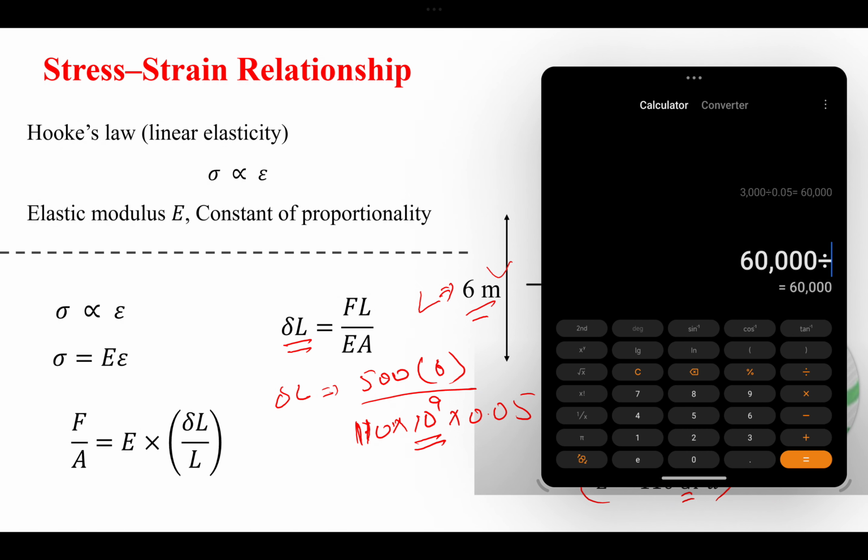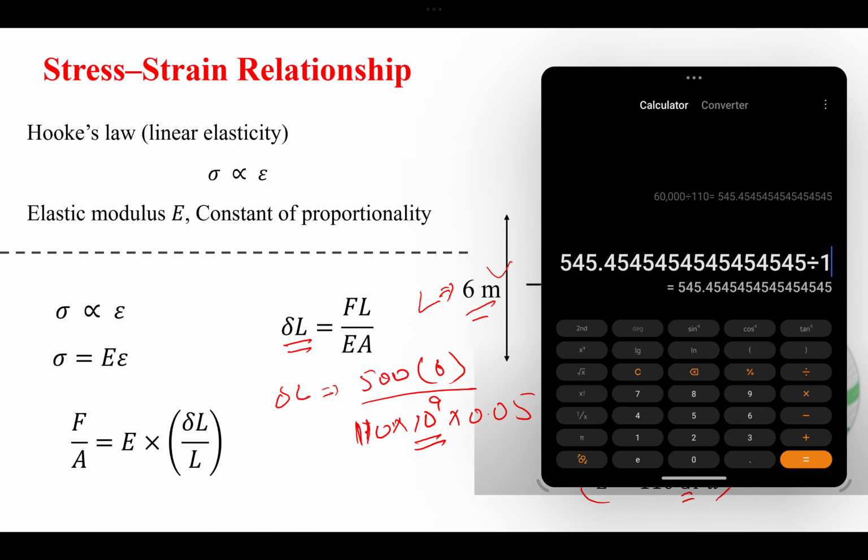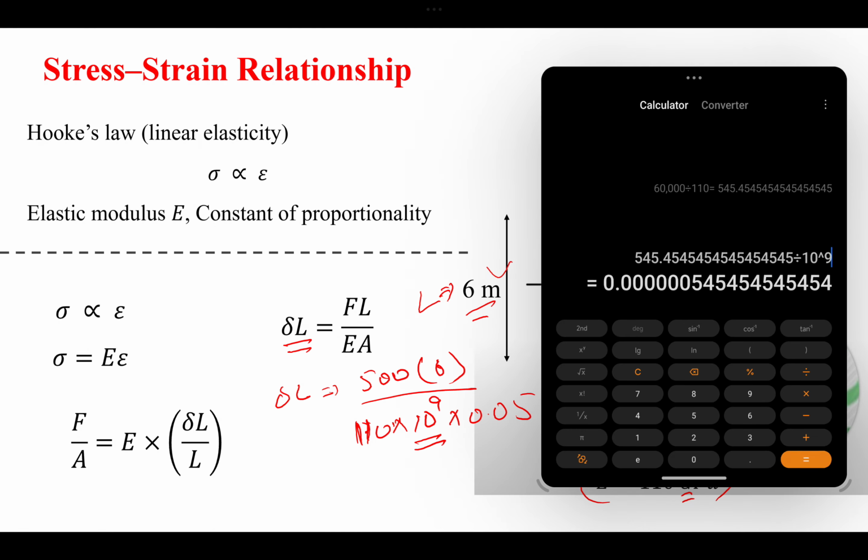Again divided by 110, and then divided by 10 raised to power 9. Okay, so we get something like change in length, a very small change in length.